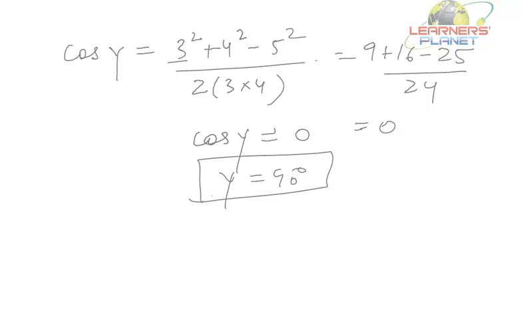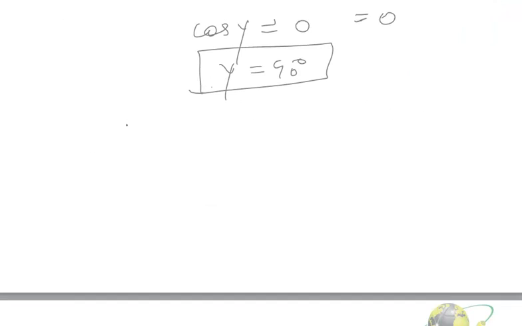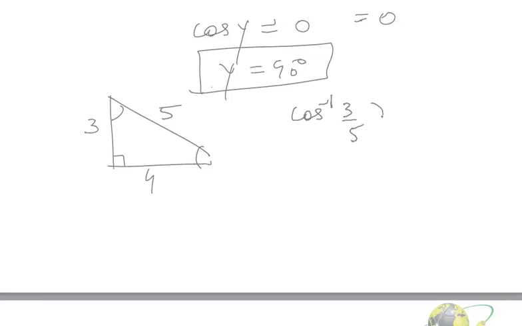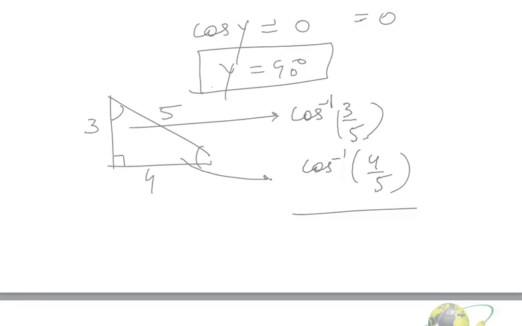So this is a right angle triangle. Similarly, you can find out the third angle also. We already know that if this is 3, this is 4 and this will be 5, if this angle is 90 degrees, this angle and this angle can be written as cos inverse of 3 by 5 or cos inverse of 4 by 5. This is 3 by 5 and this is 4 by 5.